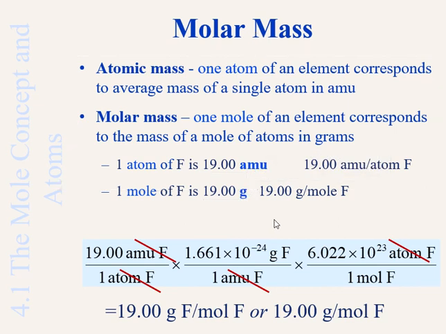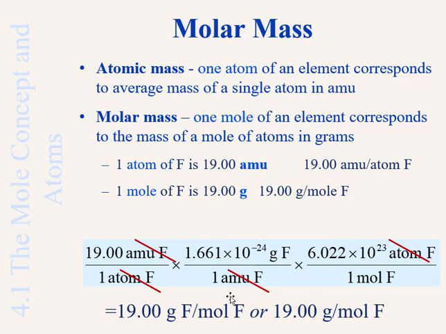Turns out that you don't need to do this kind of calculation for every atom, but if you want to do it as practice, I highly suggest you try this with any other atom. If you try this with lithium, you would have 6.941 AMU of lithium for one atom of lithium, times the same number here, because 1.661 times 10 to the negative 24 grams of lithium would be the mass of one AMU of lithium.